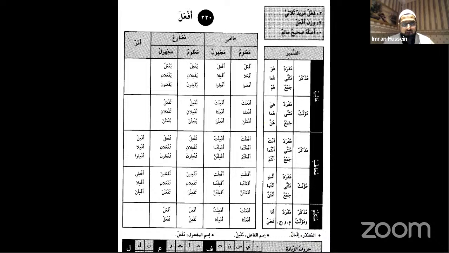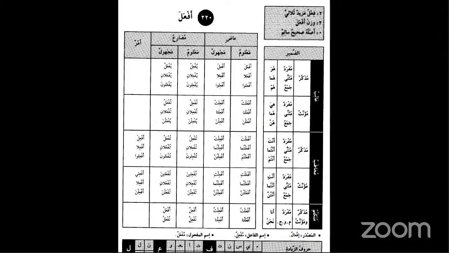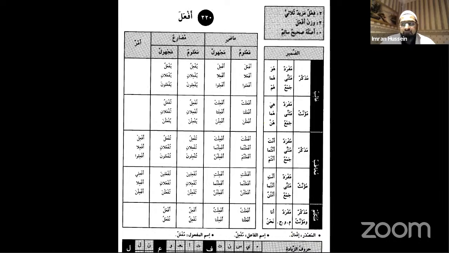It's not majhul. Okay, just to refresh my memory, what's the difference between the majhul and the ma'lum? The majhul is the passive tense. Like in English, we say, I wrote a letter to Muhammad. I am the one who has done the action of writing, and the person I wrote the letter to is Muhammad. If you want to keep yourself out of the equation, you can say a letter has been written. Who wrote the letter is kept discreet.